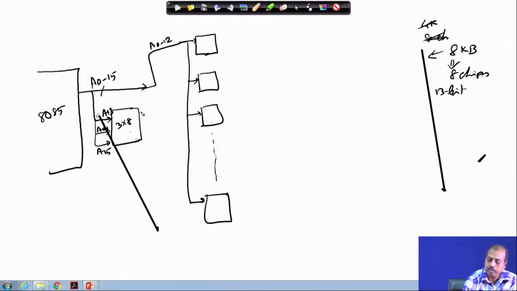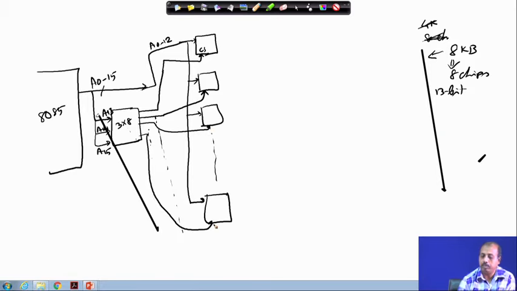The first line goes to the chip select of the first chip, the second line goes to the chip select of the second chip, the third line goes to the chip select of the third chip. This way, the last line will go to the chip select of the last chip.